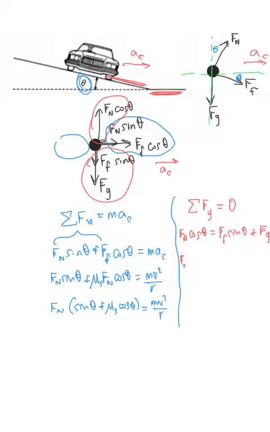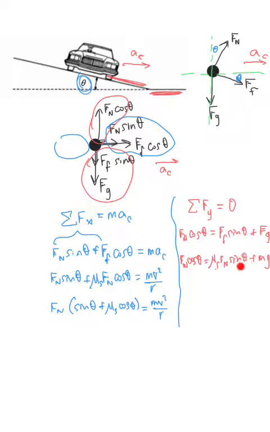So we have Fn cosine theta, nothing changes about that one, is equal to mu_s Fn sine theta plus mg. And if we want to solve for the maximum speed that the car can have, which is back over here, all of this stuff is going to be valid, but we need to come up with something for Fn to plug in. So we can get the Fn from this equation right here. Notice it's in two places, right here and right here.